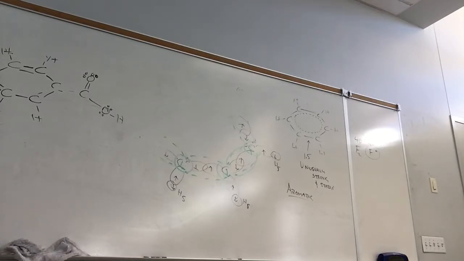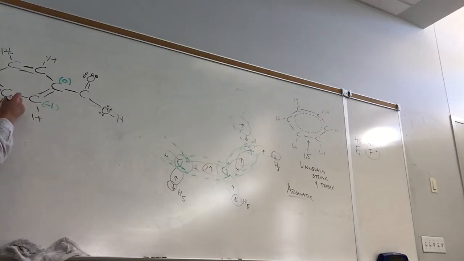Well, let's take a look at the oxidation states. When we look at the oxidation states, we see this. What's the oxidation state of carbon here? 0. What's the oxidation state of carbon here? -1.